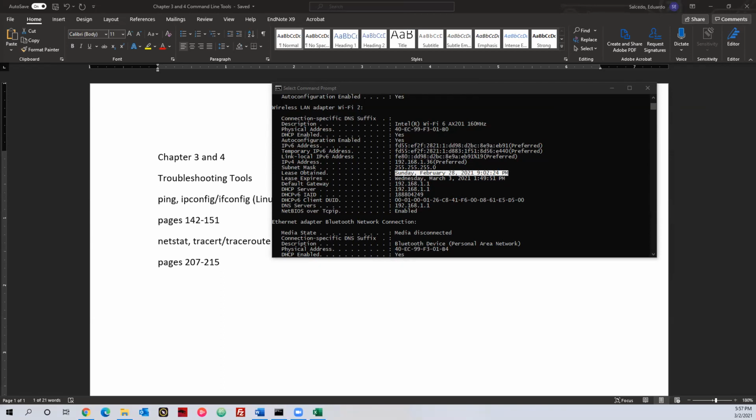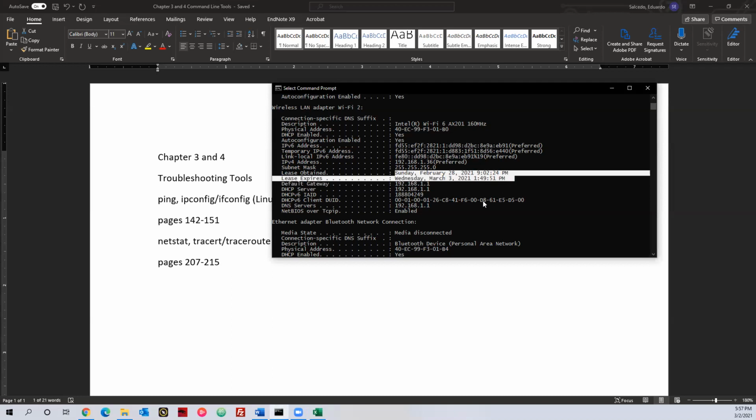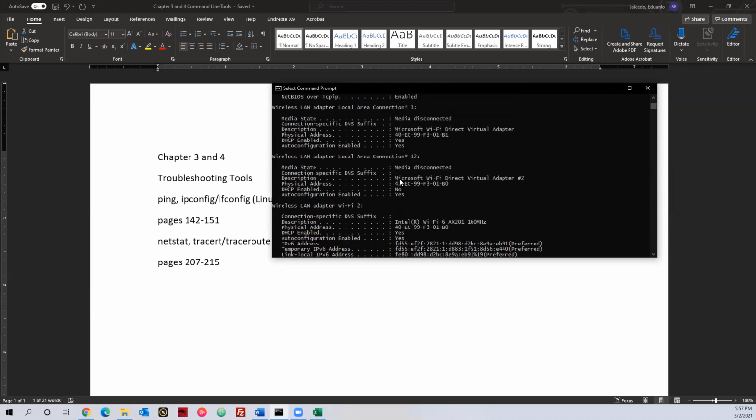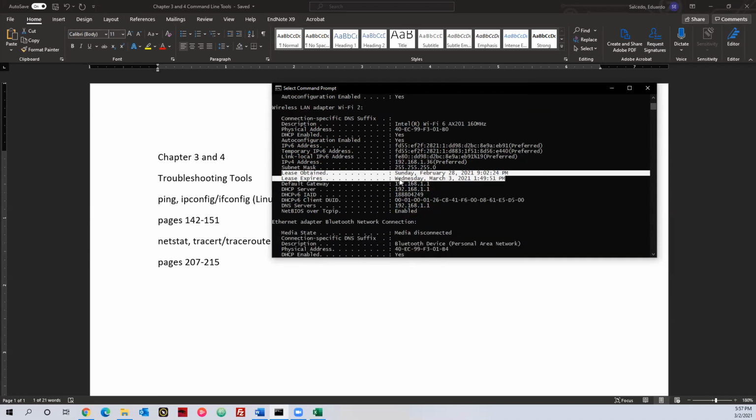What if I have a static IP address, would this appear here? I'm guessing no. Let me see. The default gateway is the router's IP.